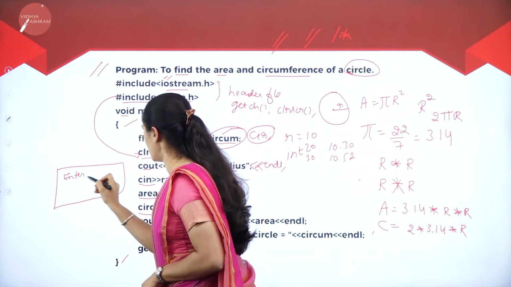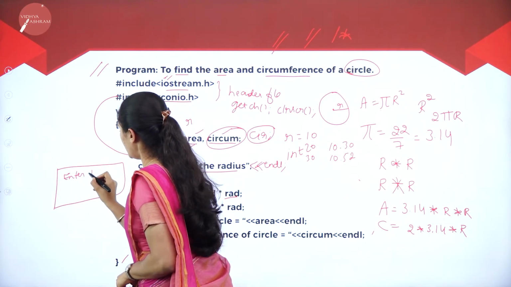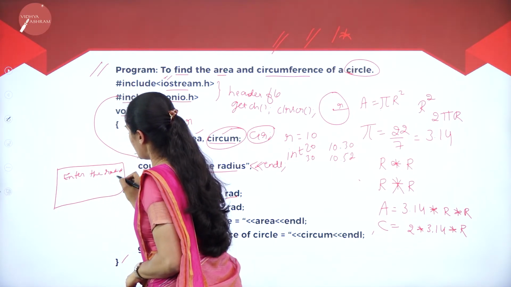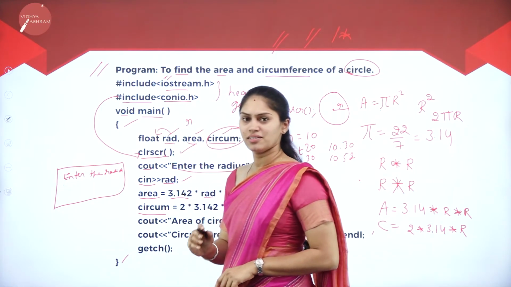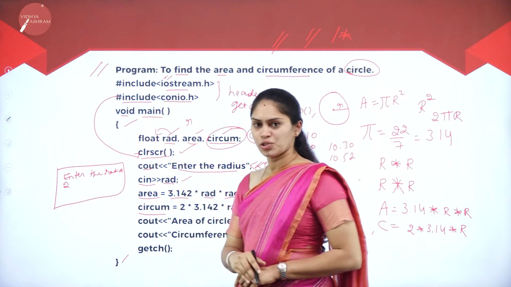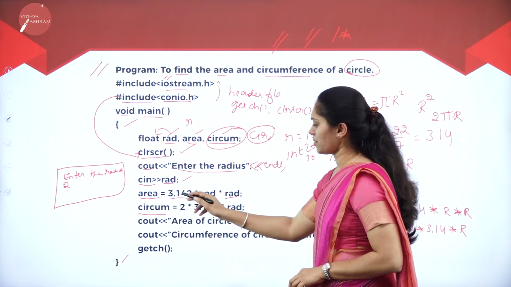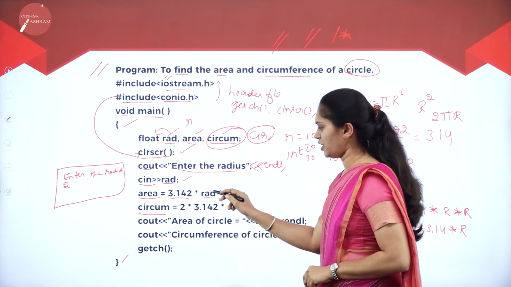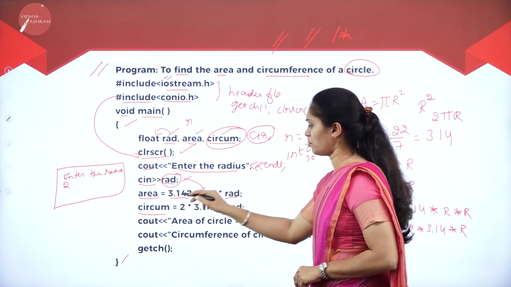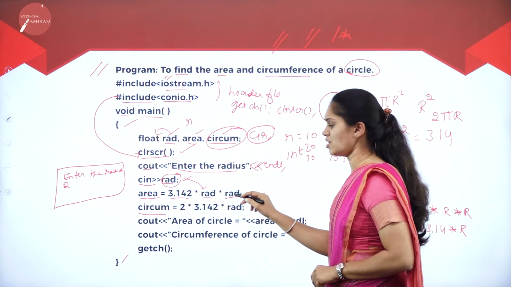Enter the radius, then the cursor will blink here. We have to give some value to the radius. Let me consider this as 2. Then it will be 3.142 into what is the radius value that we have stored? That is 2. So 3.142 into 2 into 2.